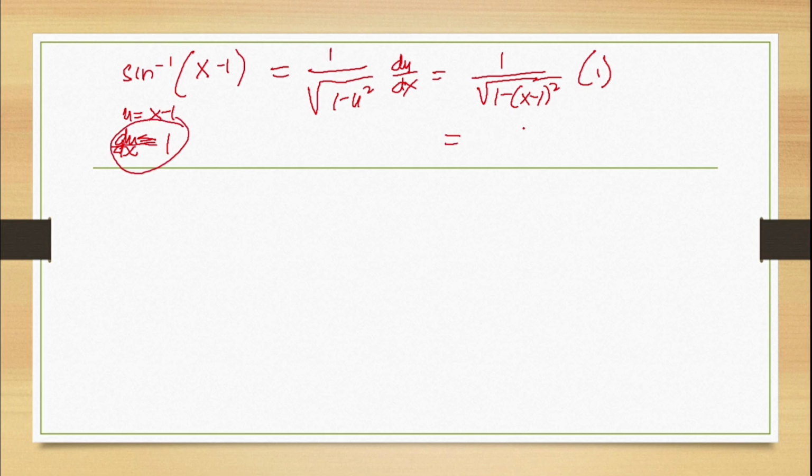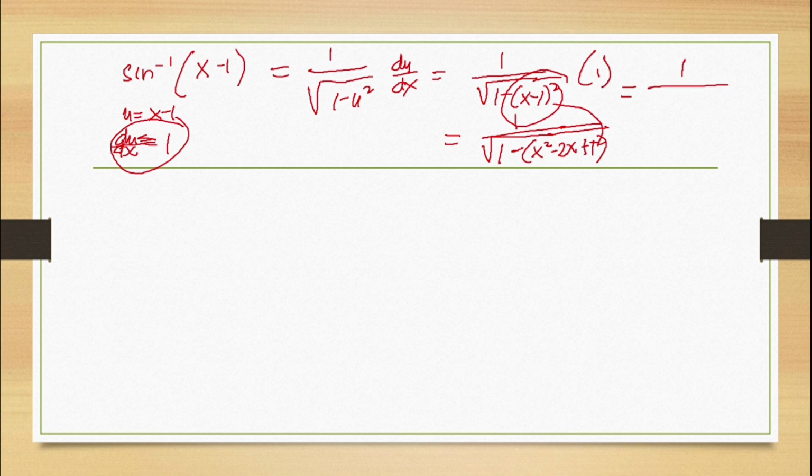Expanding, (x minus 1) squared is x squared minus 2x plus 1. Simplifying, distributing the negative, we get the square root of 1 minus x squared plus 2x minus 1.